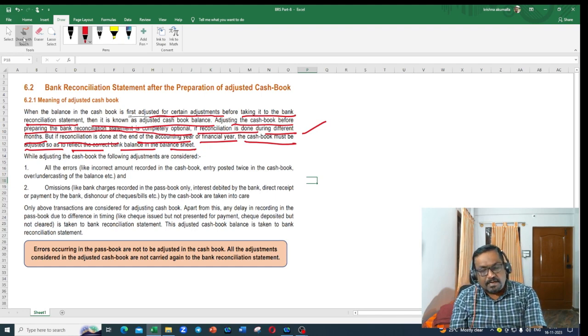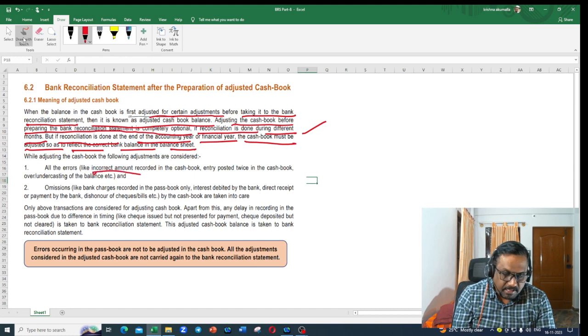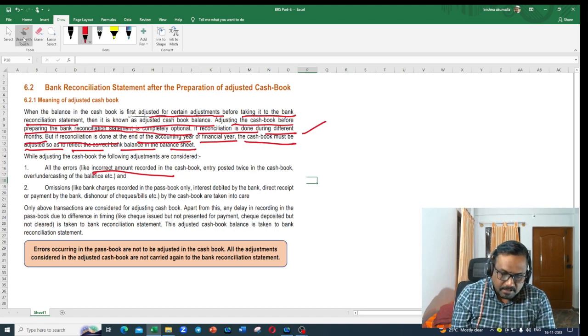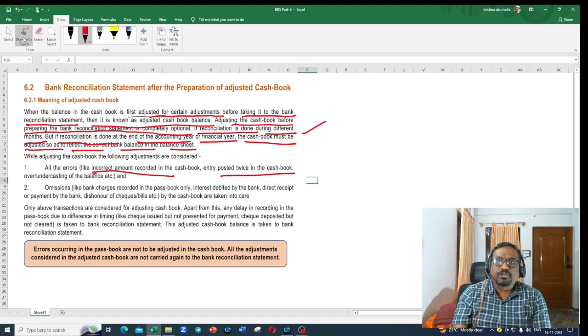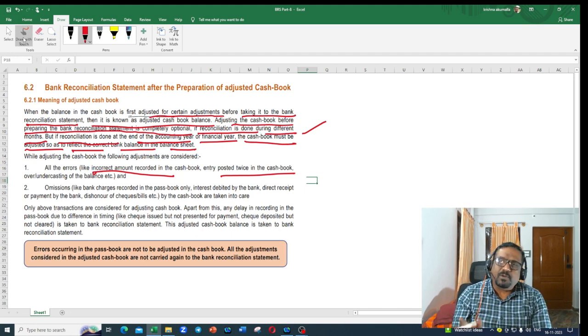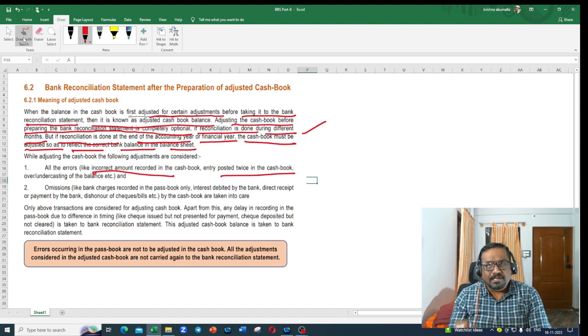What are the general errors we see? Incorrect amounts recorded in the cash book. Whatever incorrect amounts you recorded in the cash book, you have to rectify. Then any amounts posted twice in the cash book. We are all human beings. We can post one entry twice or three times in the cash book, or instead of showing it on the debit side, we would have shown it on the credit side.